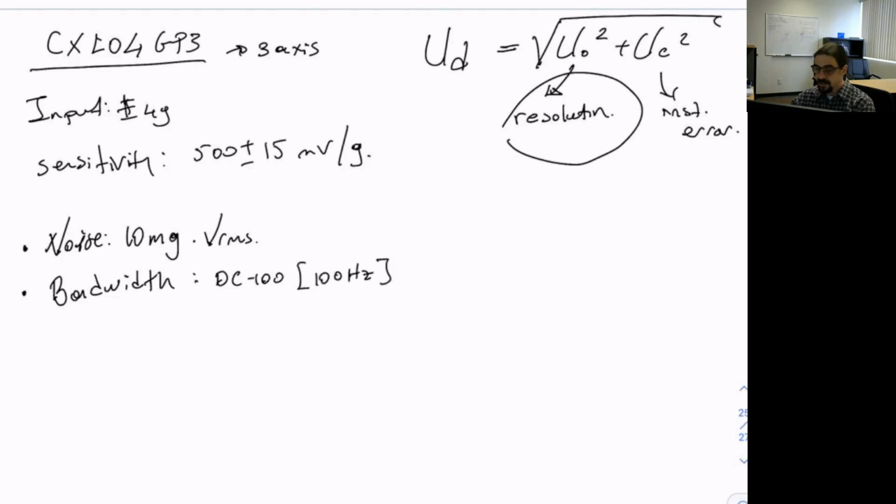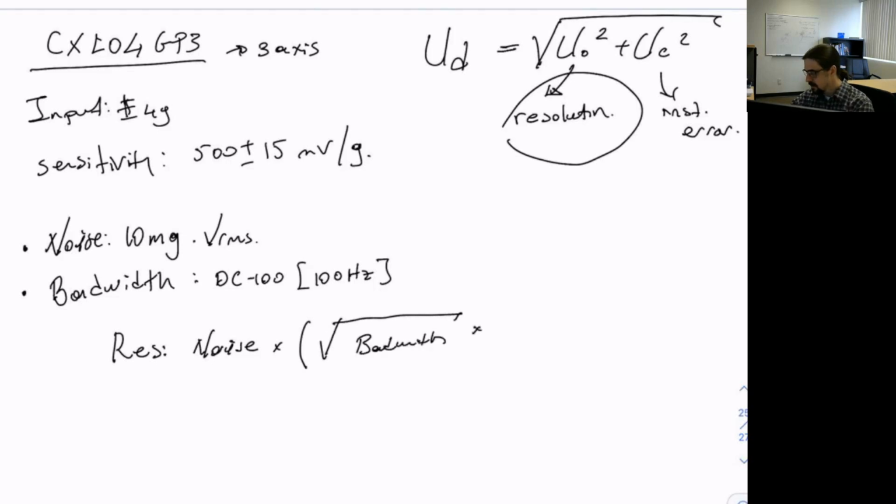Okay, why is this important? Because the resolution of an accelerometer is given as the noise times the square root of the bandwidth, okay, times 1.6.